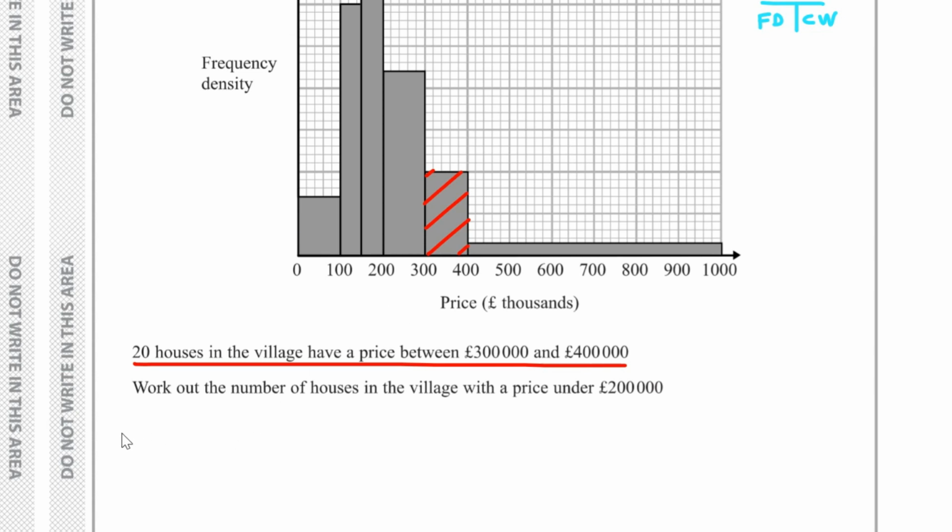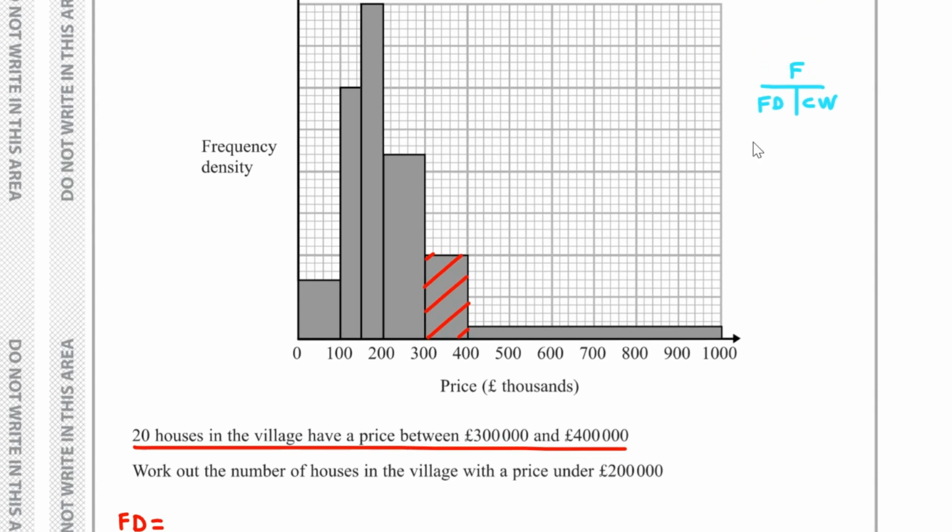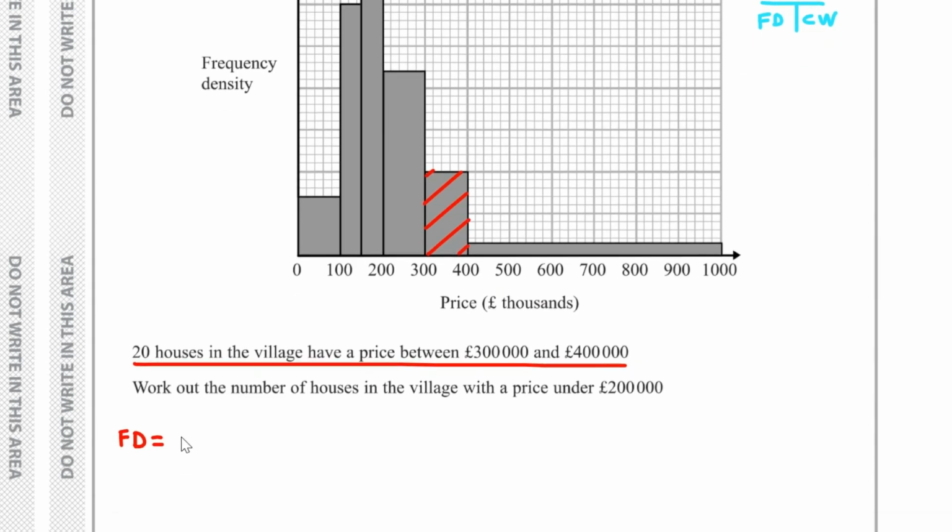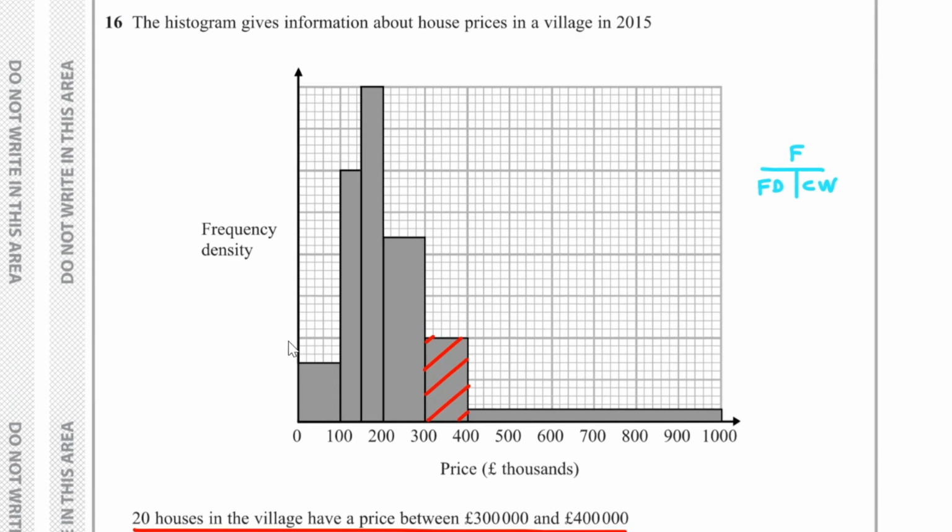The frequency density here is equal to the frequency, which is 20, over the class width, which is between 300 and 400, so that's 100. So here we get 0.2. Here we've got 0.4, here we've got 0.6, and here we've got 0.8.